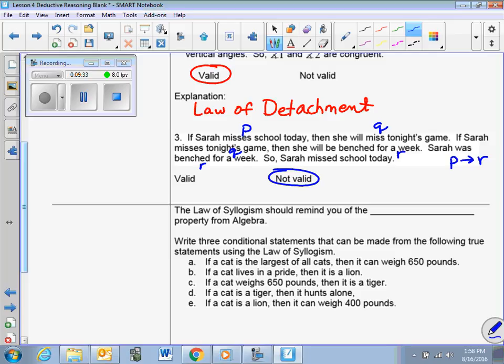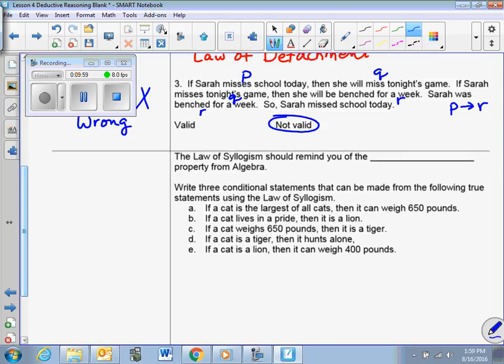I think it will really help you if you label your P's, Q's, and R's, and then you can see quickly, because what this conclusion here is saying is they're telling me the conclusion is if Q, then R, right? And that's not what the law of syllogism says. So we cannot make that conclusion. It's not, I mean, you can, but it's not valid. It's not a valid argument.